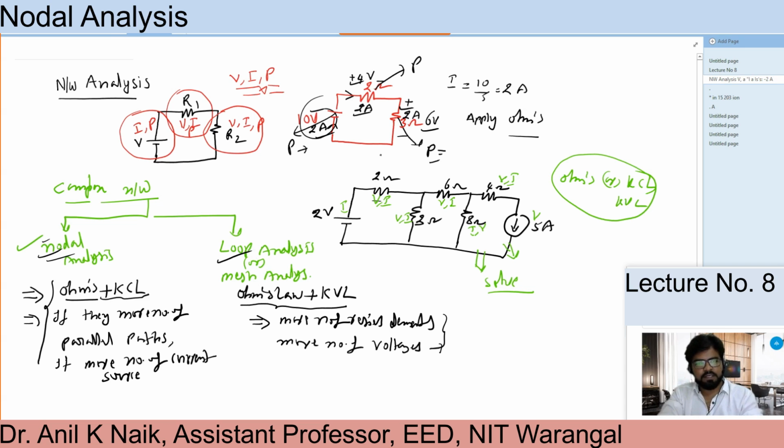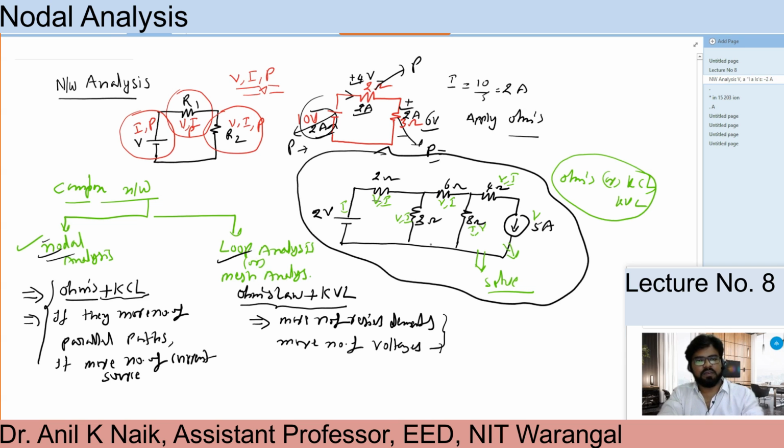If you take this network, I can use nodal analysis or loop analysis to find whatever voltage and current in each and every element. But which method more appropriately gives a very simple solution, that is what we need to know here.